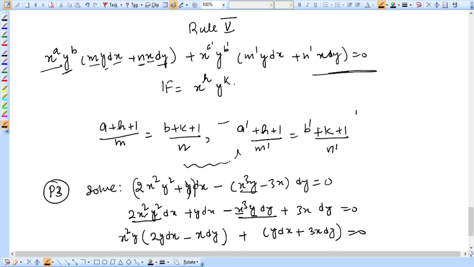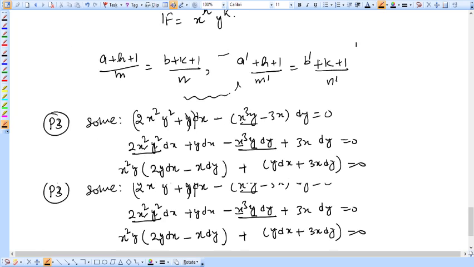Plus then x raised to power 0, you can consider it, because x raised to power 0 is 1, and y raised to power 0 as well. So again you see M dash is equal to 1 with y dx, plus, and N dash is equal to 3.